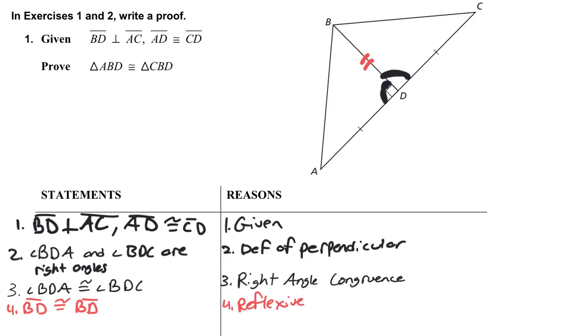Now I have side angle side, so now I can go and say that my last step, triangle ABD is congruent to triangle CBD, and that's from the side angle side. So number 5, side angle side. There's our proof.